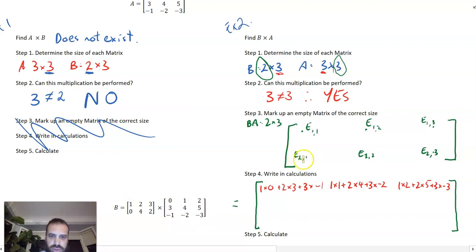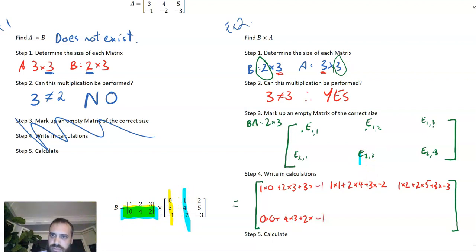So this is row 2 times column 1. That's 0 times 0, plus 4 times 3, plus 2 times negative 1. And then it's row 2, column 2: 0 times 1, plus 4 times 4, plus 2 times negative 2.